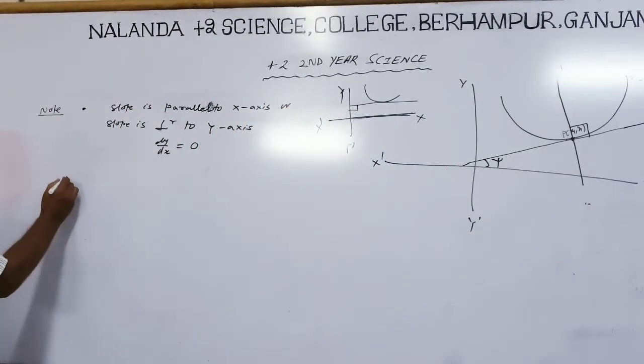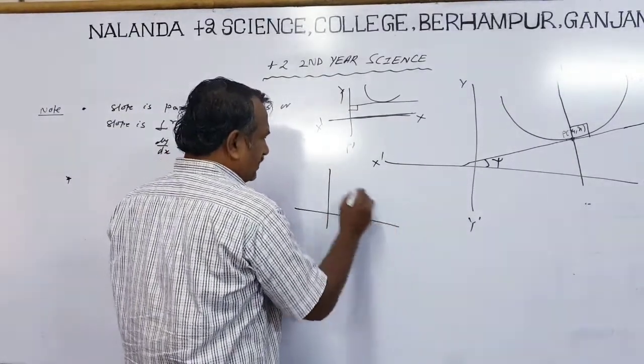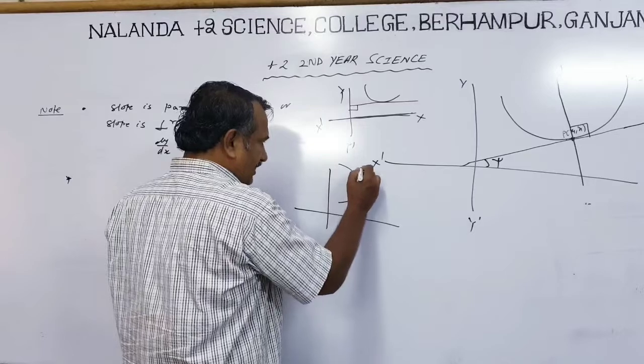Now the second one. Suppose this is a curve and this is a tangent.